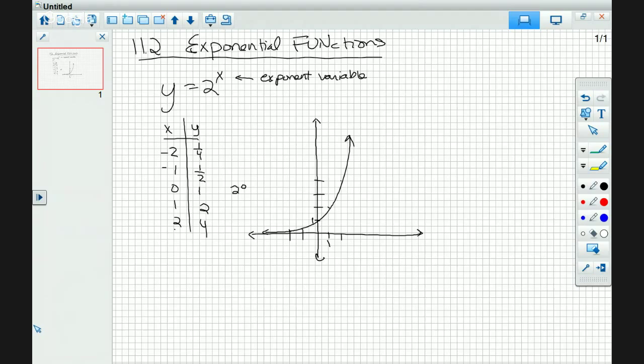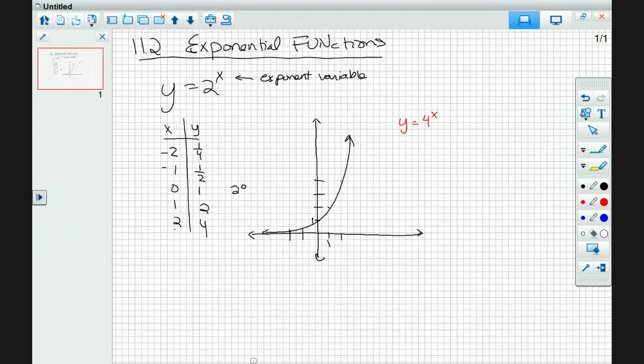We're going to follow the same procedure as we did with families of functions. We were pretty good at that. So notice the y-intercept here. If I want to make this steeper, 4 to the x is going to go up faster.